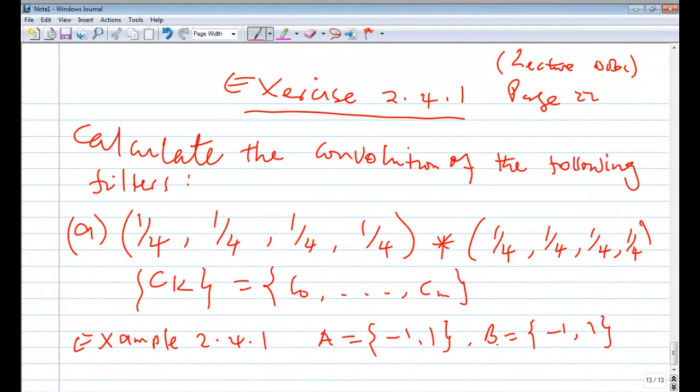So again, you have to calculate CK, which is the convolution of A and B. I think this one won't take you even 5 minutes. It's very simple. Calculate and give me the answer.